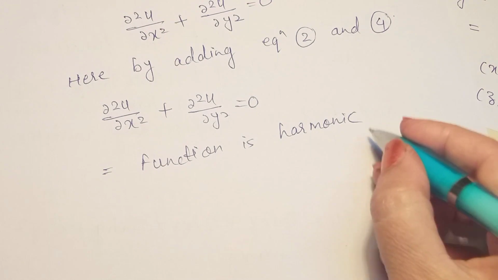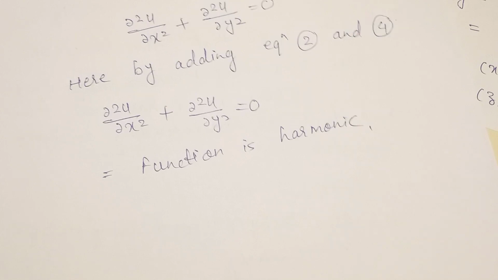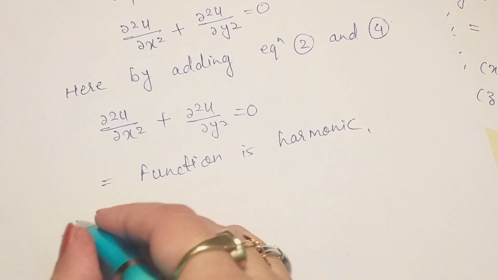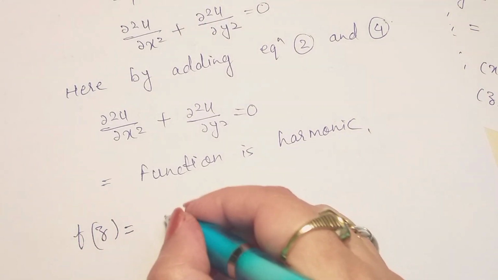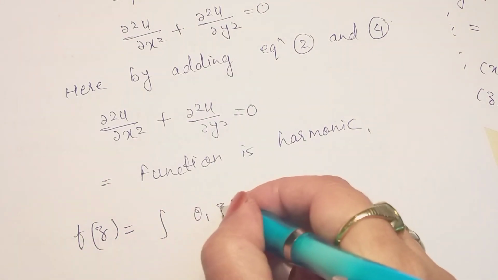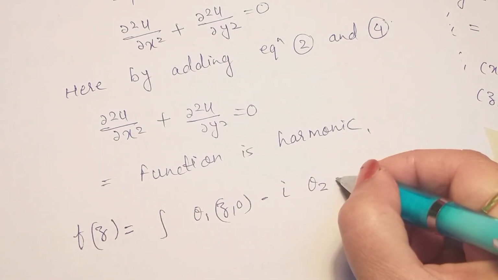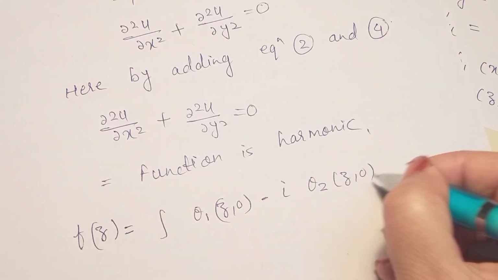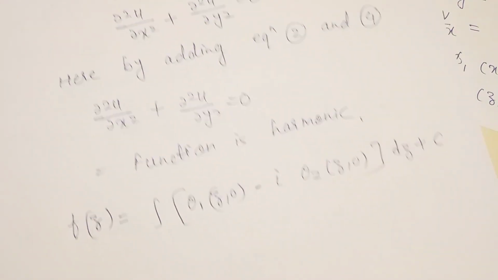Right? Now we construct the analytic function by using Milne-Thomson method. Now we know that fz is equal to integration of theta 1 z0 minus iota theta 2 z0 dz plus c.